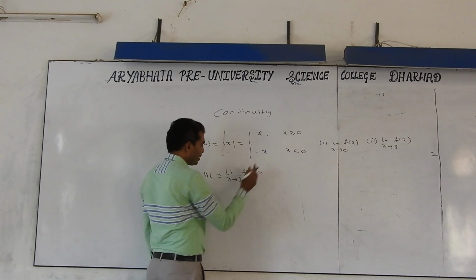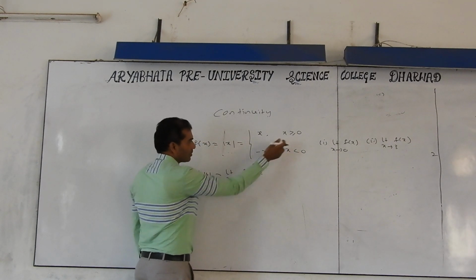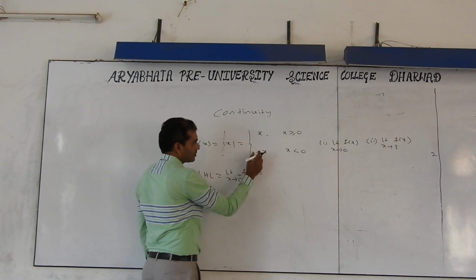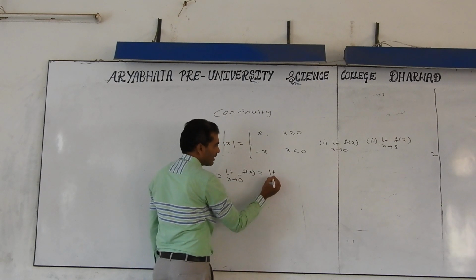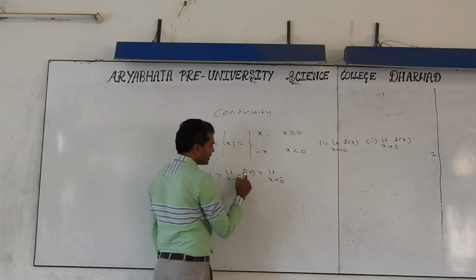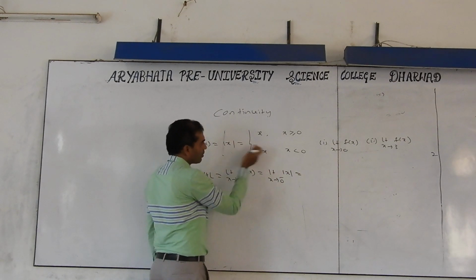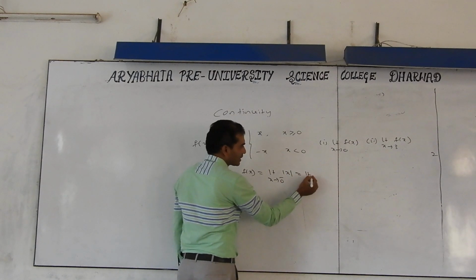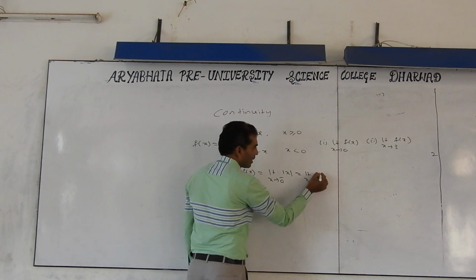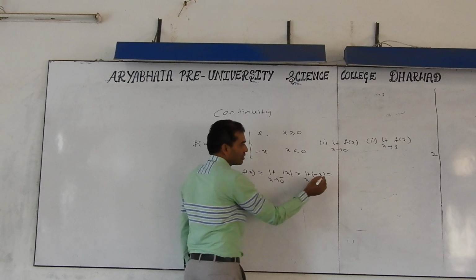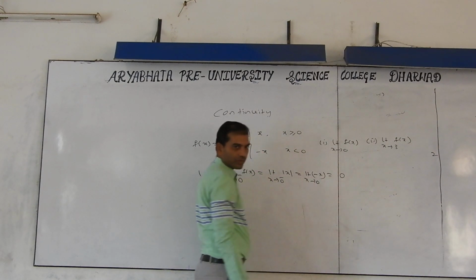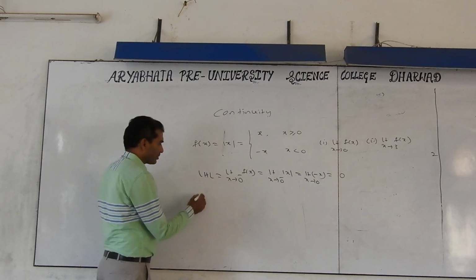Below 0, mod x equals minus x. So limit x tends to 0 minus of minus x. Put x equals 0 here, minus 0 is 0. So the left limit is 0.